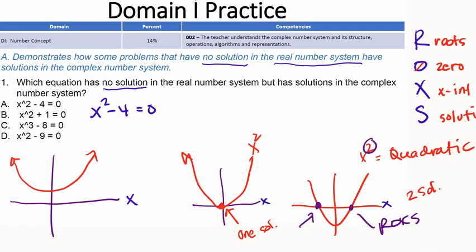Remember, the roots, zero, x-intercept, solution are on the x-axis. So this doesn't. This one's no solution. The reason is there's no intersection with the x-axis. So that's what we're looking for.